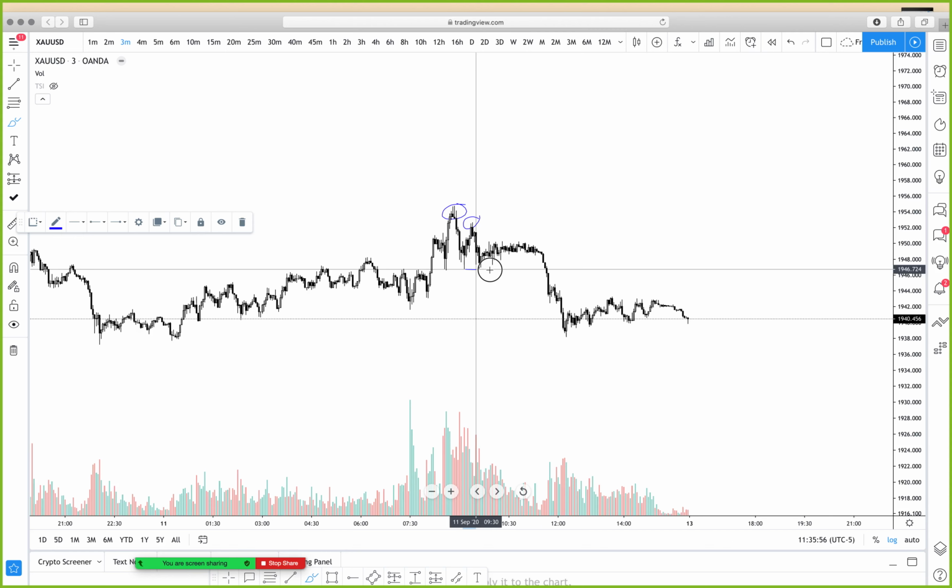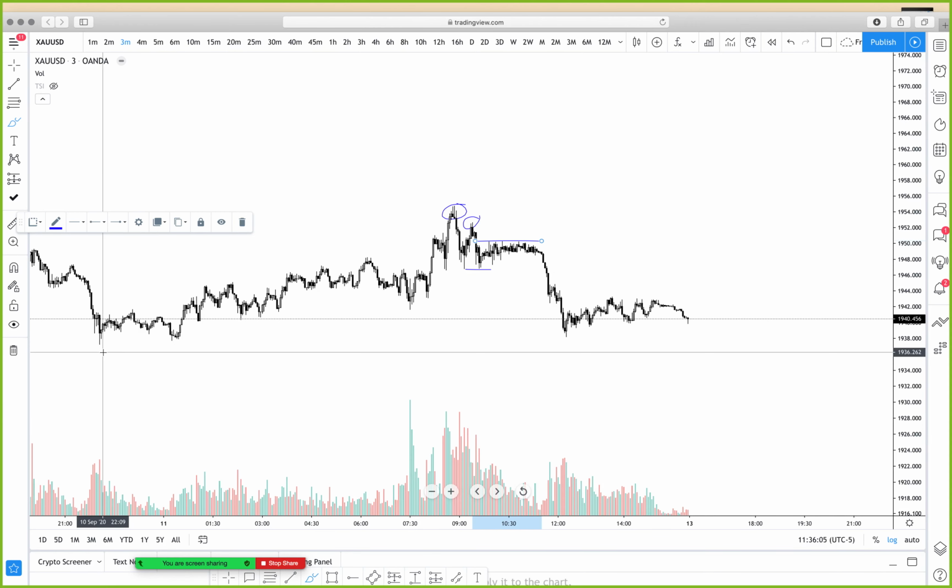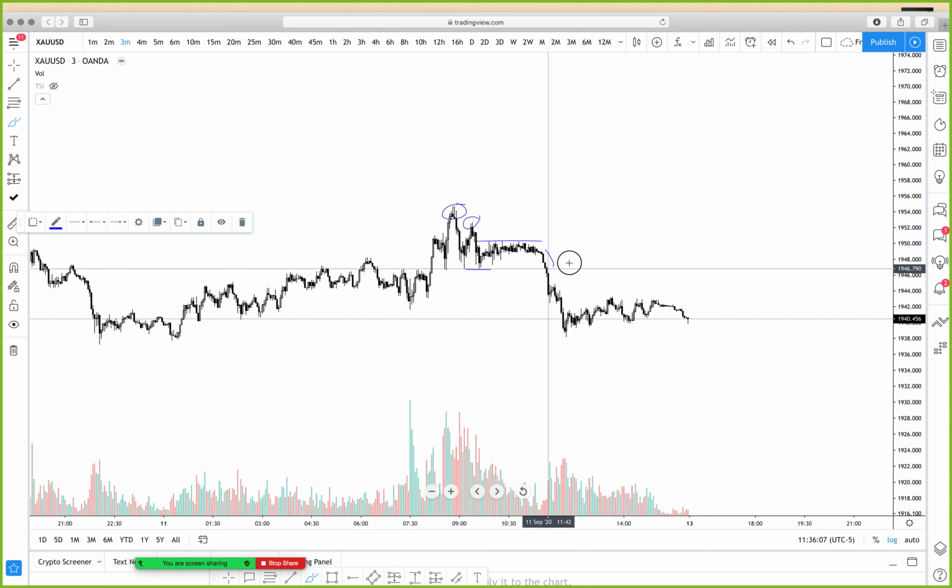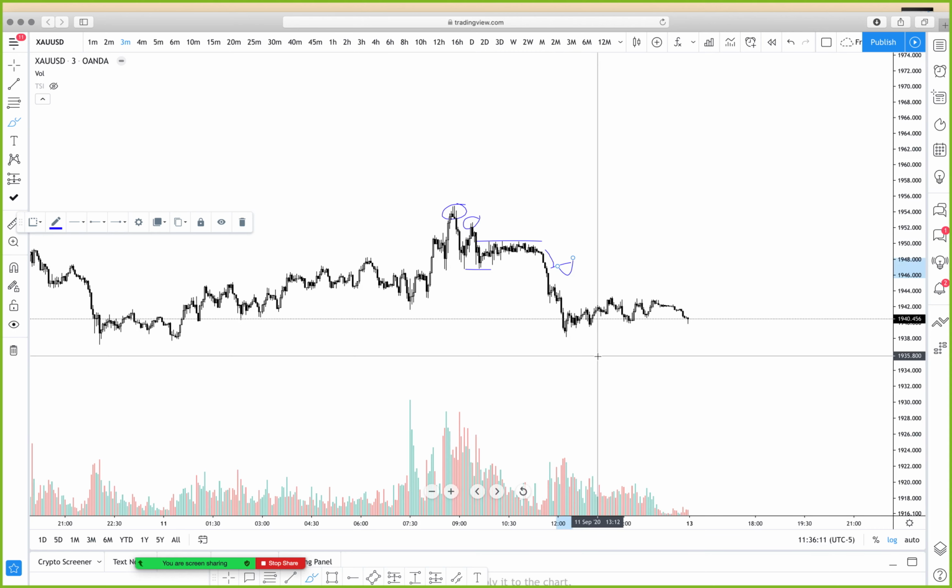And we've pretty much left equal lows here. So who's to say price isn't coming up here to meet that inefficiency and then go lower? So for one, you didn't wait for reaction upon your point of interest, and two, the market structure is already showing that it wants to go lower.